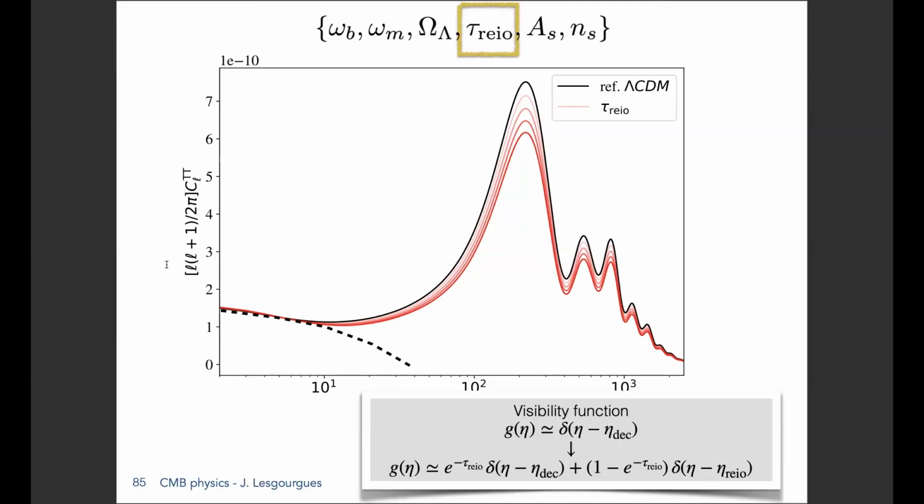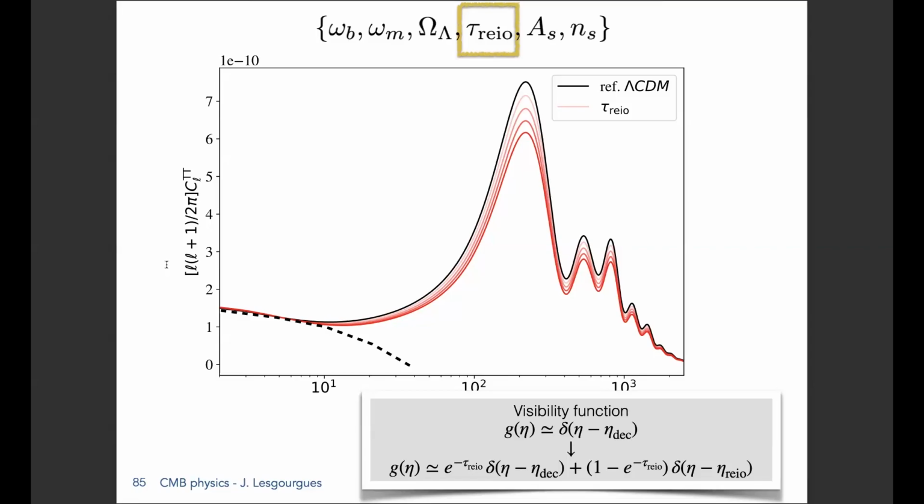And then the total CL looks like this. If you had no reionization, you would get a pattern. Because you have reionization, you have a contribution from two terms: correlation from recombination and from reionization. The correlation from recombination looks the same, but with a smaller amplitude. Oh, you cannot see that it's a different color, sorry.